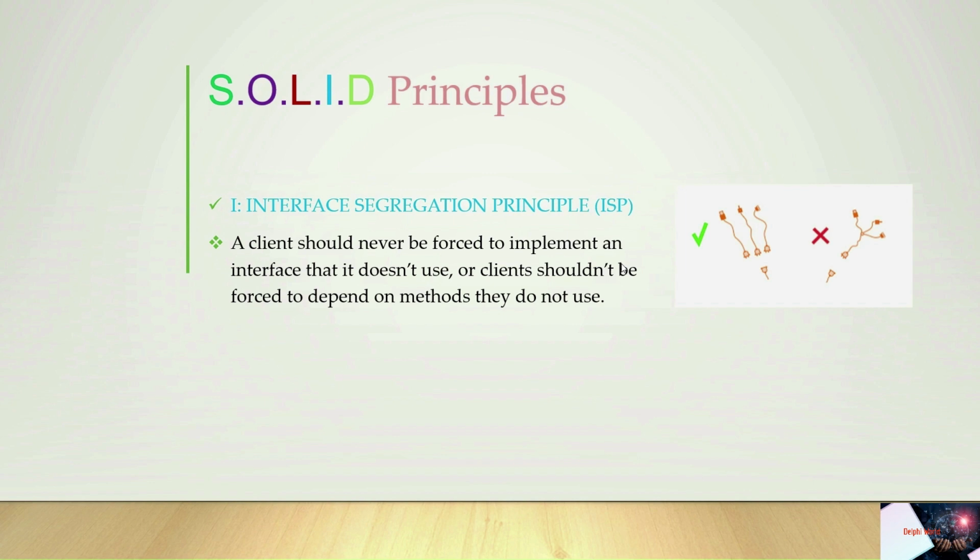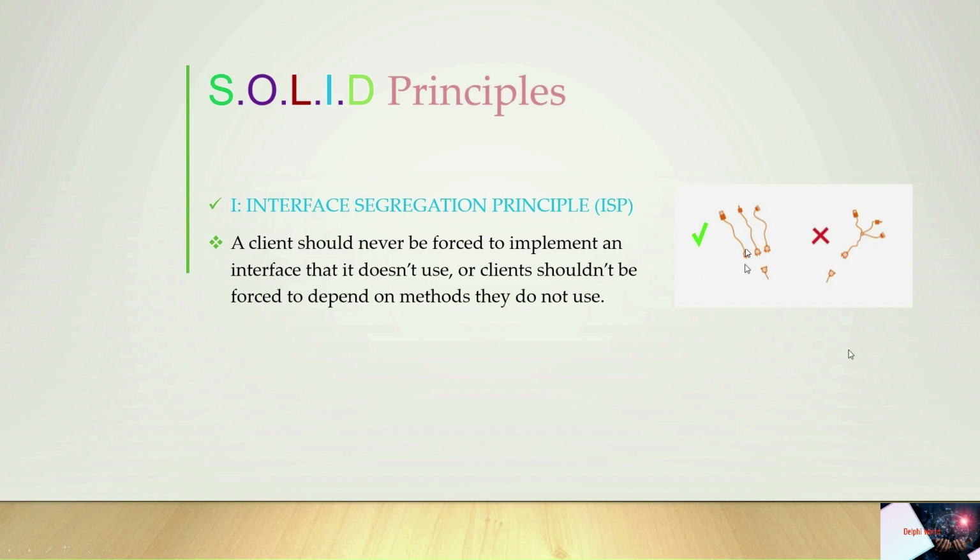In simple words, we should have small interfaces that we can inherit into our class where required, instead of a fat interface with multiple methods. We should have the minimum methods in an interface, so we will not force the class to implement methods of the interface that are not really required.